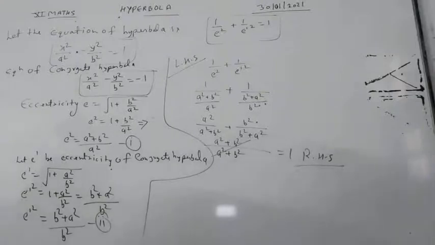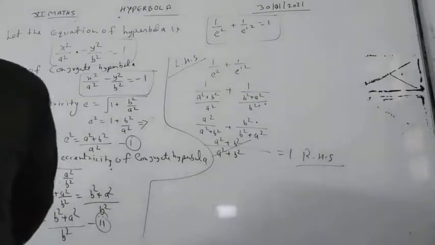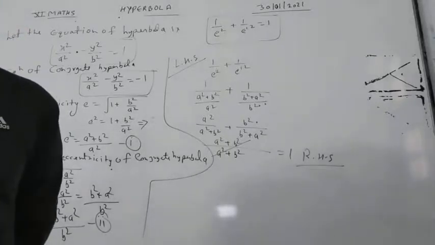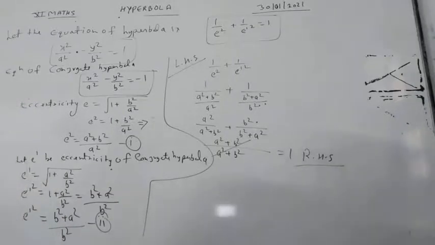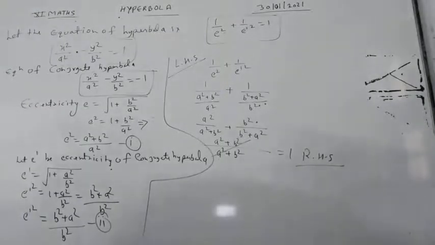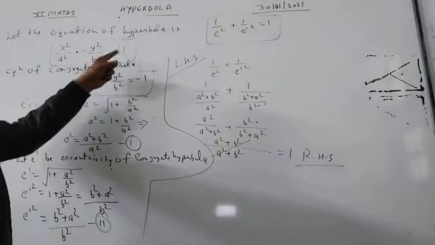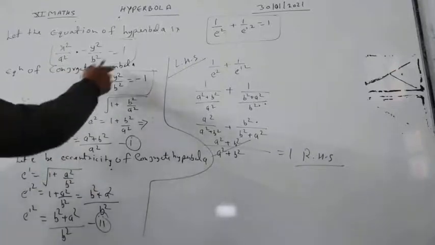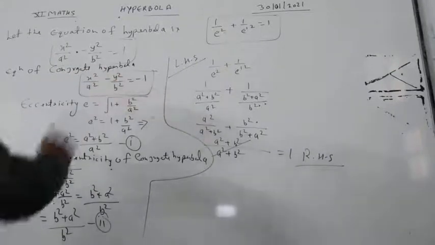Let's see once again. Our question says that student, if E and E dash be the eccentricity of the hyperbola and its conjugate, then prove that 1 by e square plus 1 by e dash square is equal to 1. Okay student, this is what we have to prove. And student, the equation of hyperbola is x square by a square minus y square by b square is equal to 1, and the equation of its conjugate is x square by a square minus y square by b square is equal to minus 1.